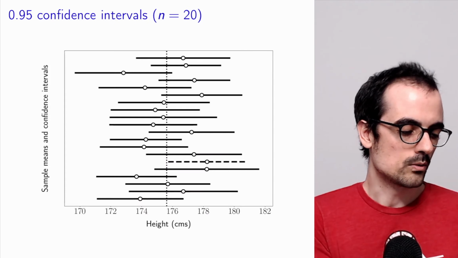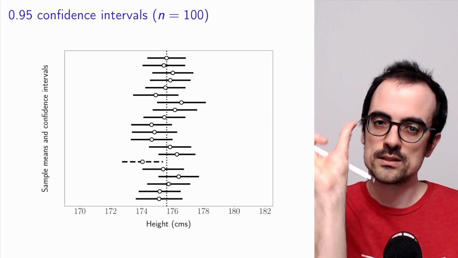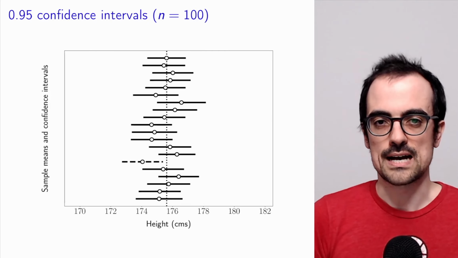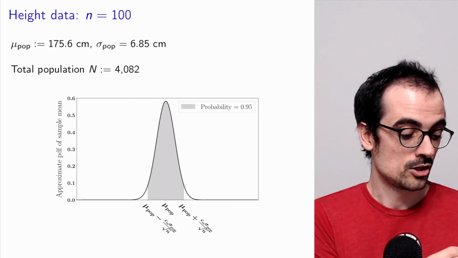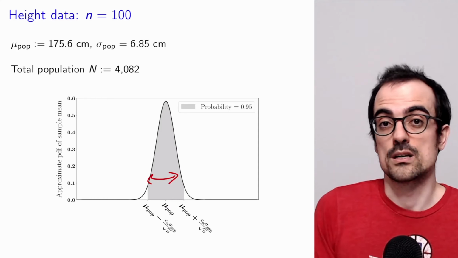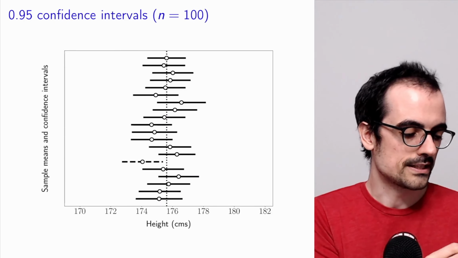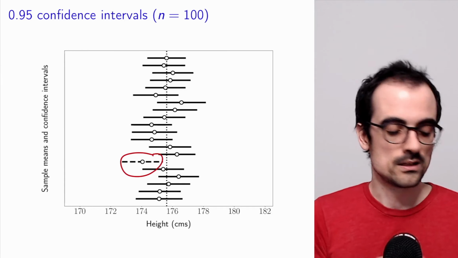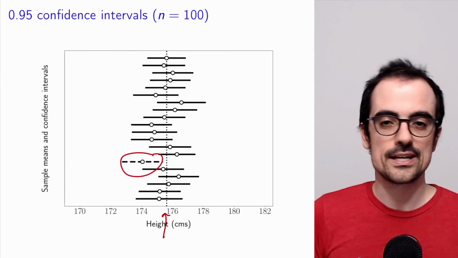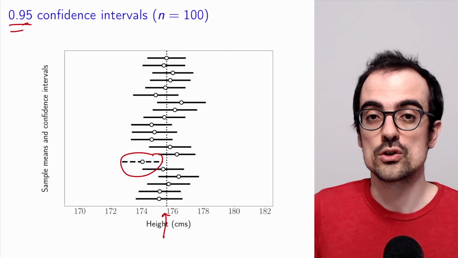So this is why when we look at confidence intervals for n equals 20 and n equals 100, boom, the confidence intervals have shrunk because the standard error of the sample mean for n equals 100 is smaller. Notice, however, that the probability that the confidence intervals contain the true parameter, which is this line here, stays the same because we're still fixing them to be 0.95 confidence intervals.